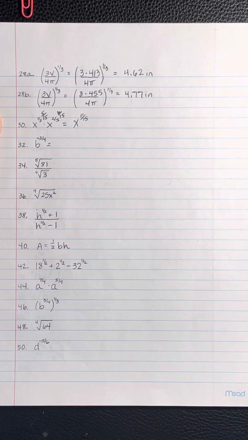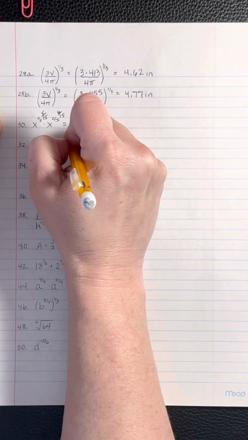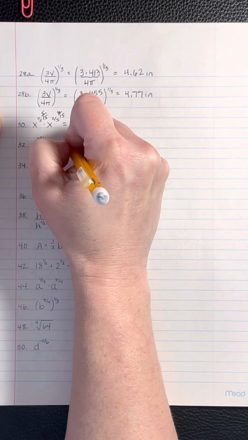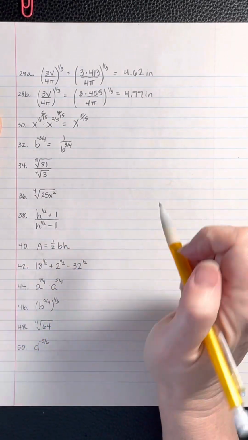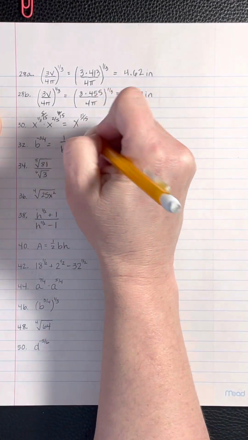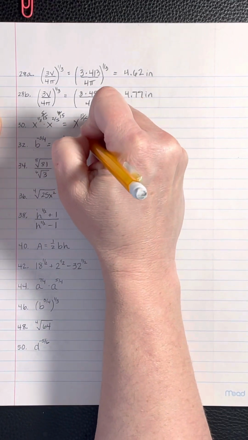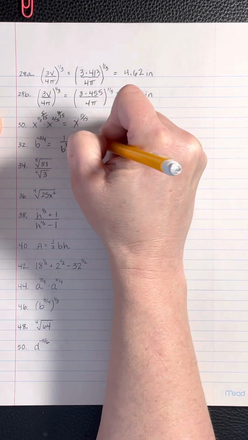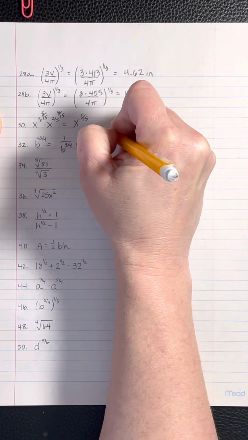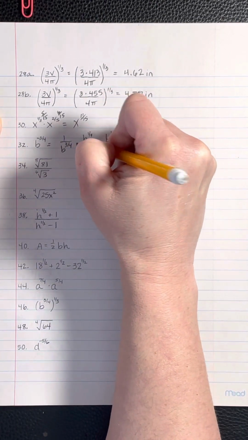Number 32. I have 1 over b to the 3/4, but we can't leave a fractional exponent in the denominator. So I'd multiply by b to the 1/4 over b to the 1/4. So I'd have b to the 1/4 over b.